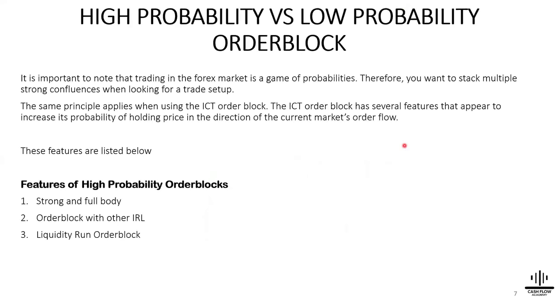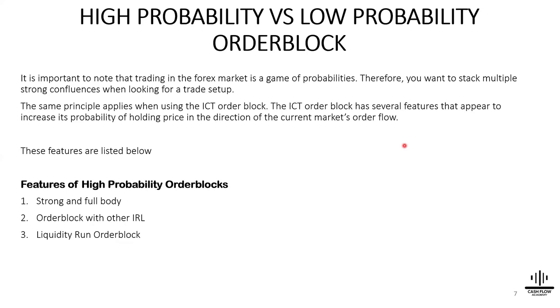Now, one thing we should understand is that being able to identify high probability order blocks in the market is essential for making profitable trades. Not all candles you see on your chart are the ICT order block. I've already explained in the previous slides how to identify the ICT order block. But I want to go further to explain how you can identify high probability versus low probability order blocks.